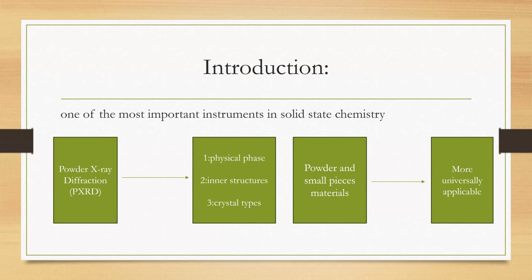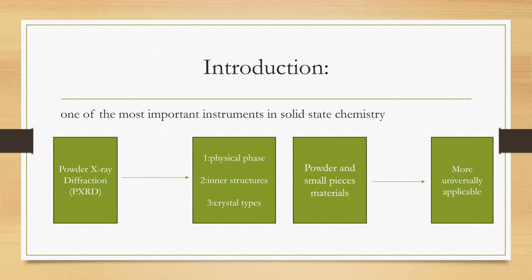So powder XRD is one of the most important instruments in solid-state chemistry. It allows us to investigate three major aspects of a material: physical phase, inner structure, and crystal type.